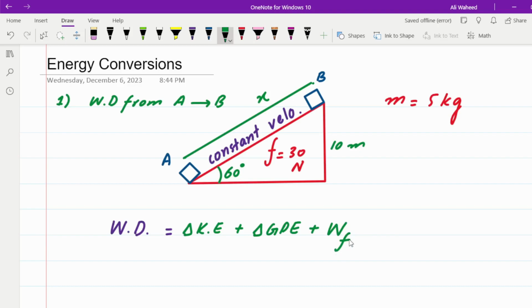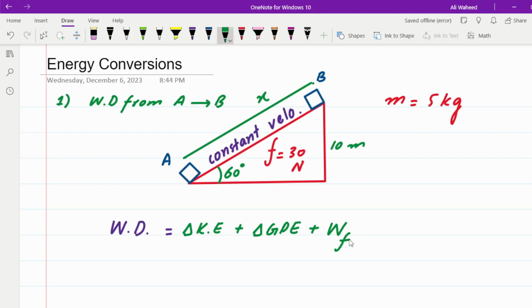So some of the work would be done against the friction, and that would be the energy that is dissipated in the form of heat, because whenever you do work against the friction, as a result the energy is dissipated in the form of heat.